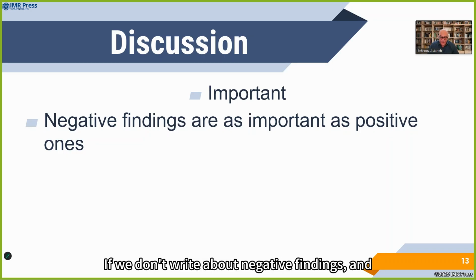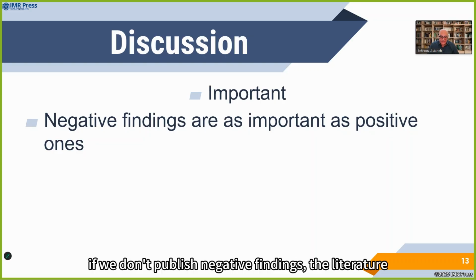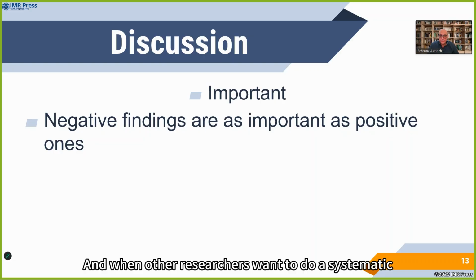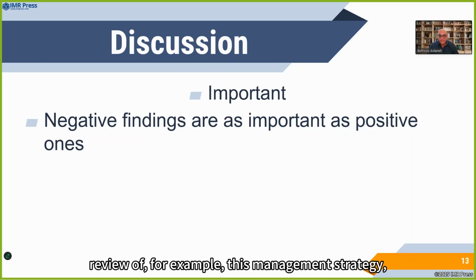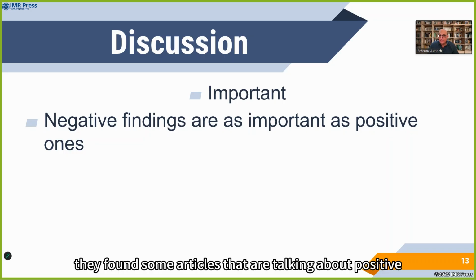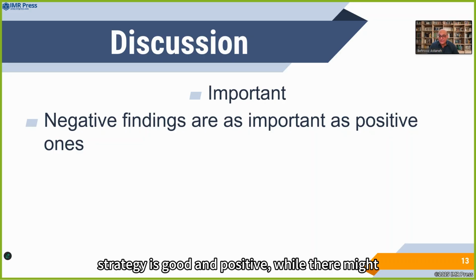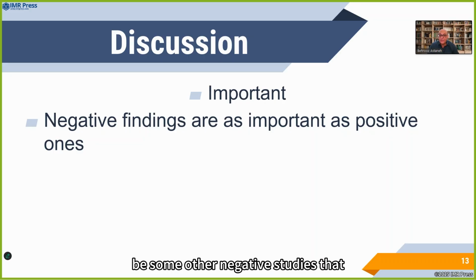If we don't write about and publish negative findings, the literature will shortly be full of positive findings about a management strategy or a drug. And when other researchers want to do a systematic review of, for example, this management strategy, they find only articles talking about positive findings, and so they report that this management strategy is good, while there might be other negative studies that have not been published.